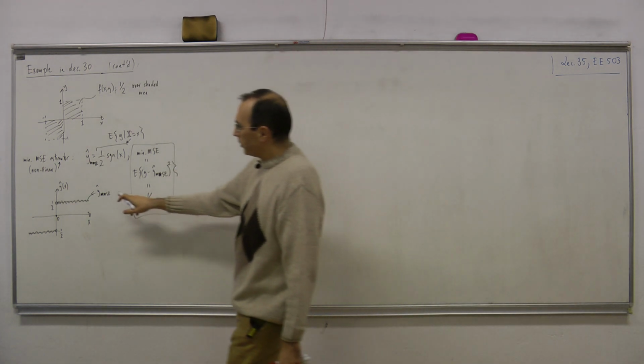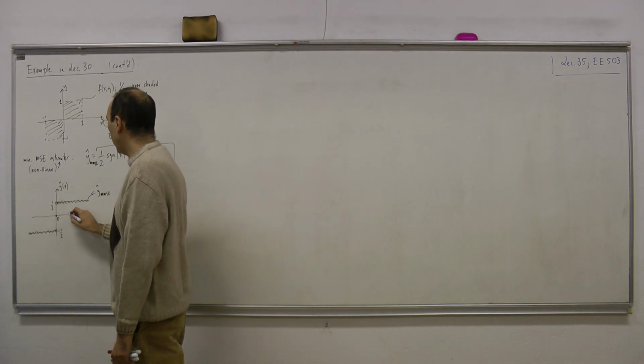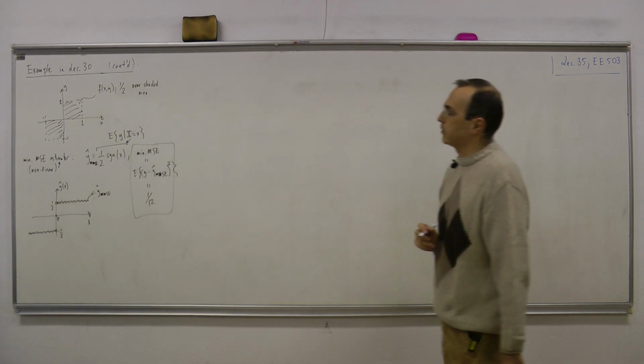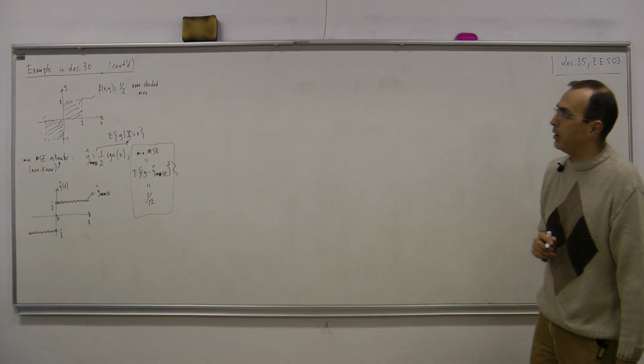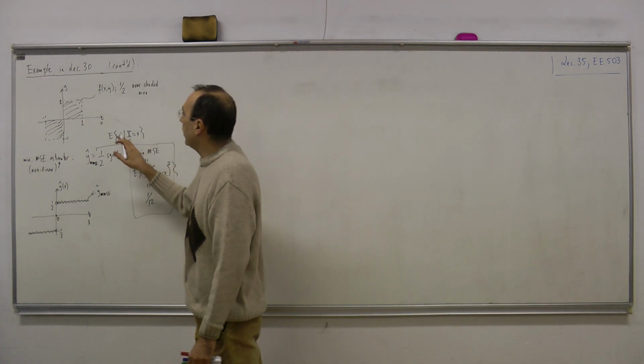So here is the MMSE estimator, 1/2 times sine of x. That is the estimate for y, given that I have observed x only.